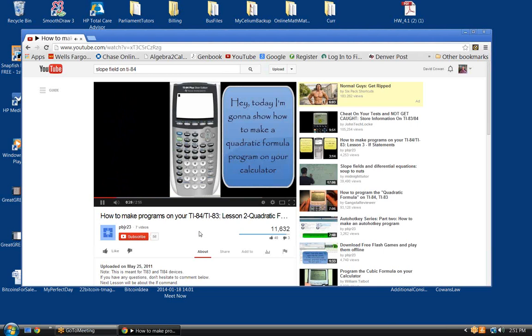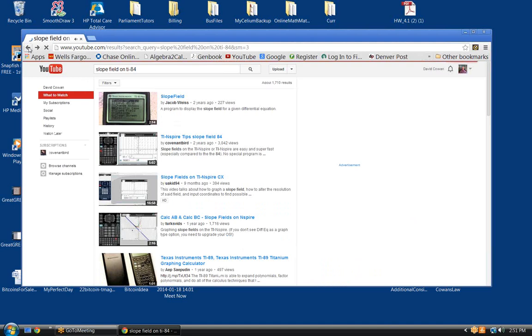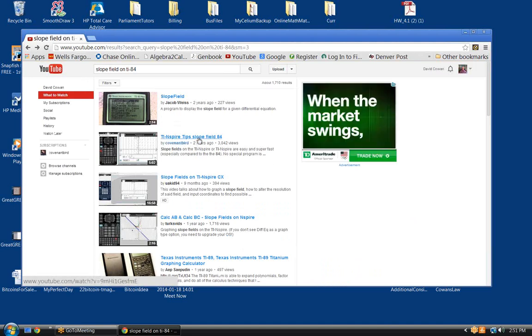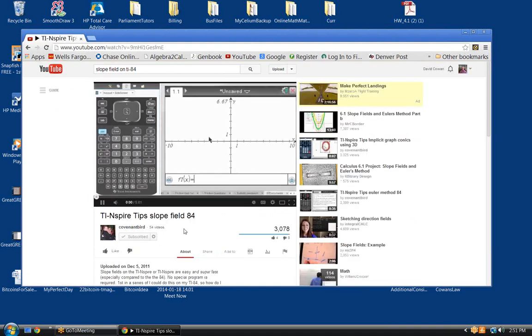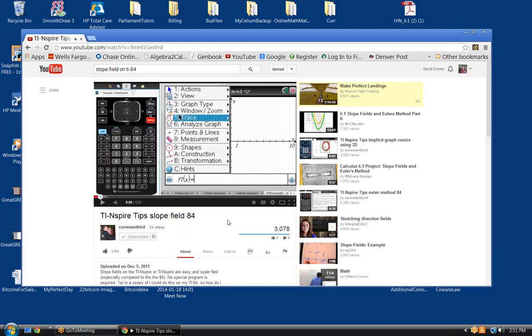Huh. Well, that's not the one we wanted. We want this one right here. Let's talk about slope fields. This is actually on the Inspire, not on the 84. You sure you don't have the Inspire CX?